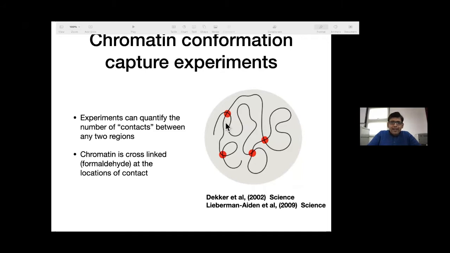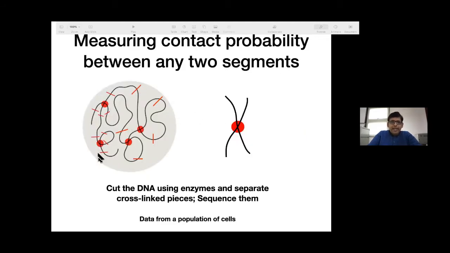Experimentalists can add cross-linking agents, the red dots, which cross-link these regions that are in contact. Once you cross-link these regions, you can use enzymes to cut the remaining DNA and separate those segments which are cross-linked.